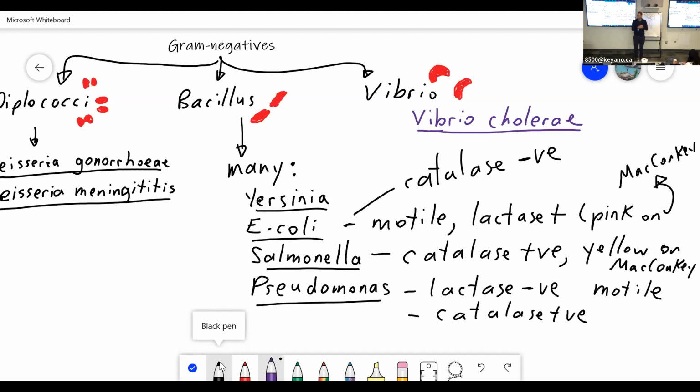Vibrio cholerae causes cholera, which is not a concern in Canada. As far as I know, there's never been a cholera outbreak in Canada, but I'm not sure, maybe going back 150 years or something like that. But it's very significant in many parts of the world. Cholera can be found in the environment in Asia, so it's pretty common for people in India to get cholera from drinking water.